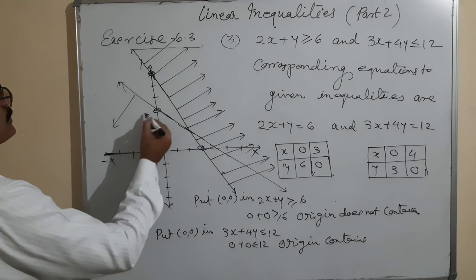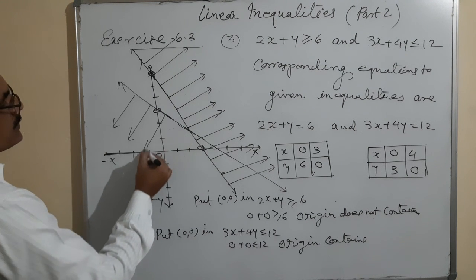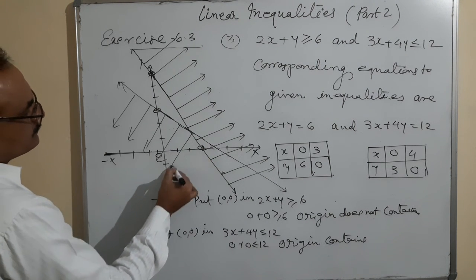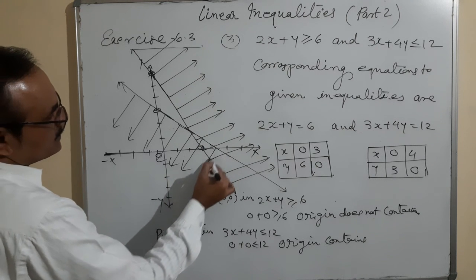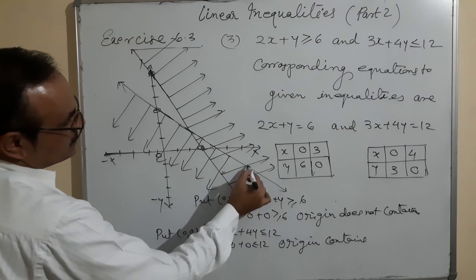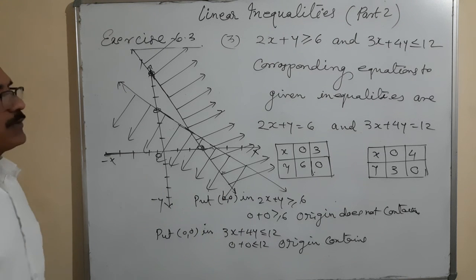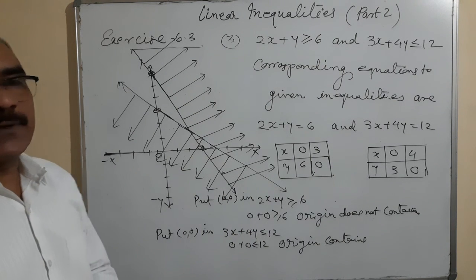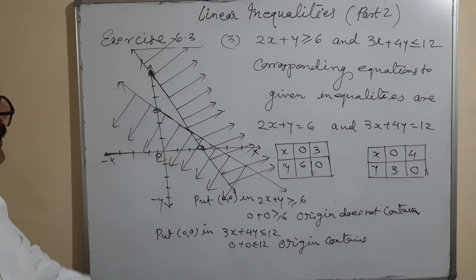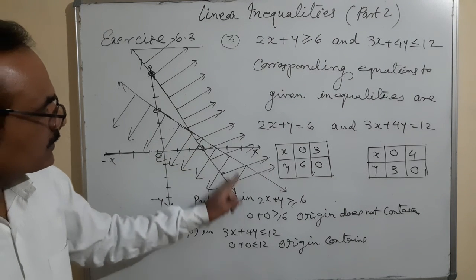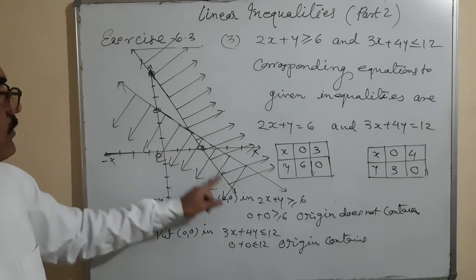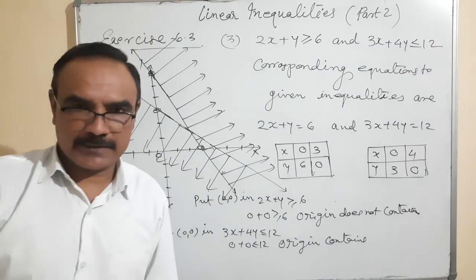That means the shaded portion is towards the origin. Is it okay? So this is the representation of these two inequalities, where the common portion, you can see this portion is common, from this point to that one. Clear?